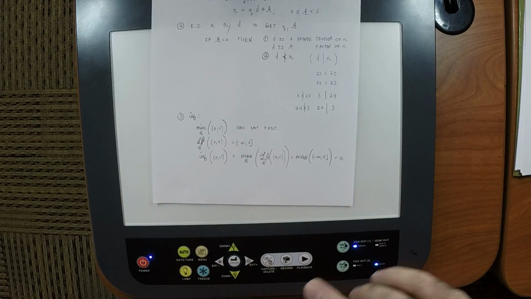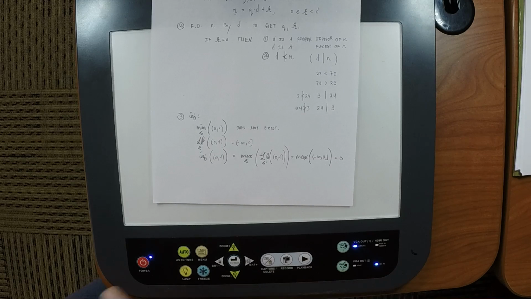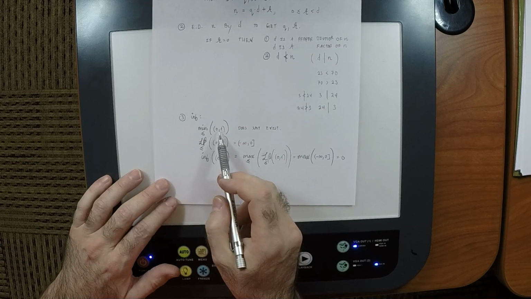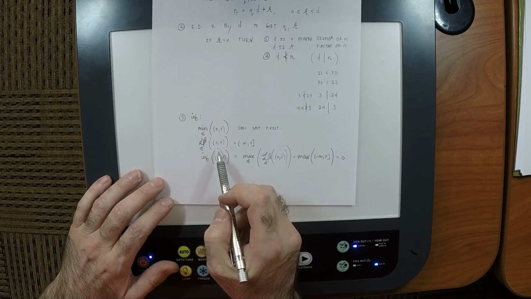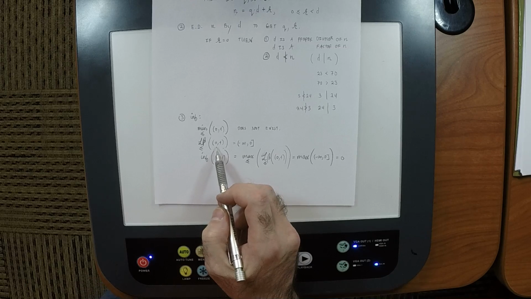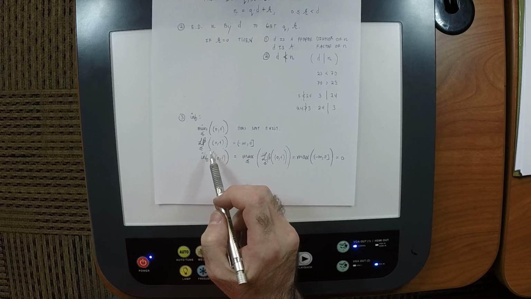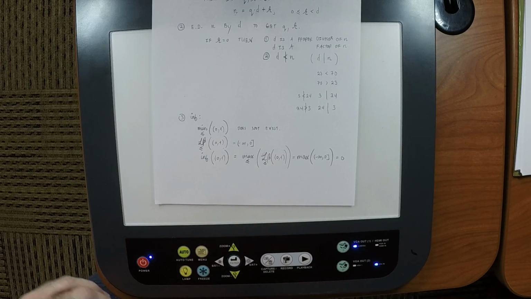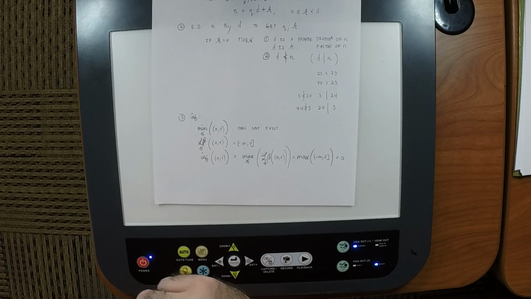So here's what I want you to understand. The set of all lower bounds, conceptually, is saying: tell me all the things that are little compared to that one. And you say, now I've got the set of all the little things. Well, the infimum is the biggest little thing.